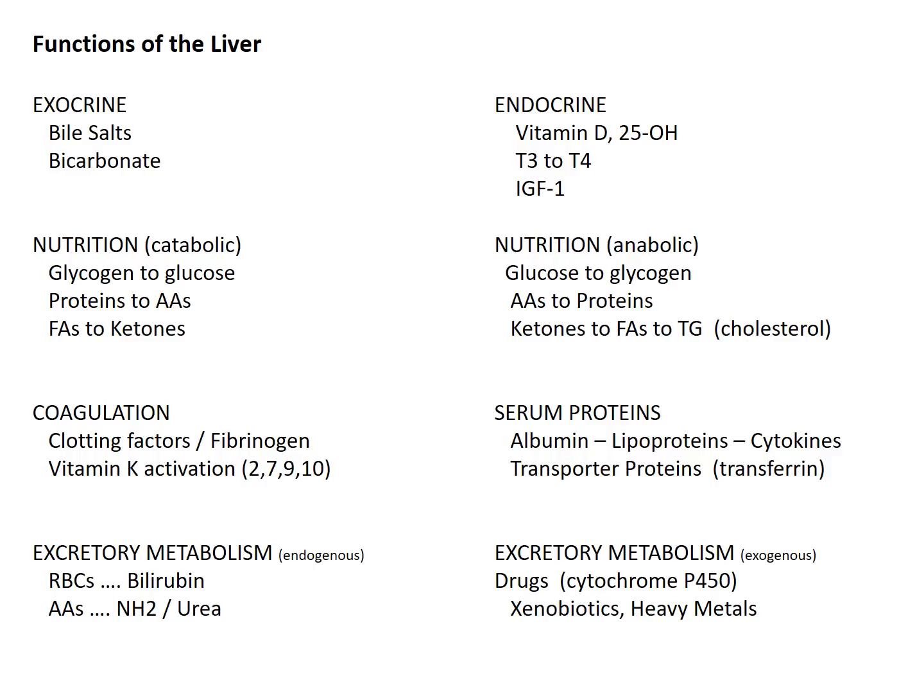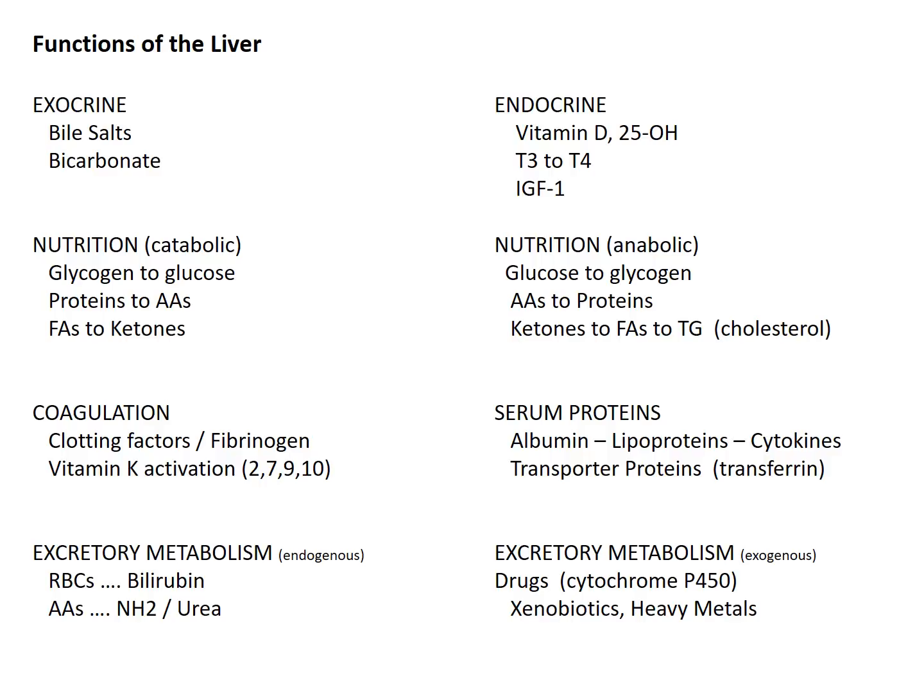Endocrine, the liver is responsible for the activation of vitamin D, conversion of thyroid T4 to T3, the release of IGF-1, the hormone which works with growth hormone. In terms of nutrition, it's involved in both catabolic and anabolic processes, where catabolic processes are the breakdown of substrate into energy, and anabolic processes are taking small nutrients and storing them as larger nutrients, such as glucose to glycogen.